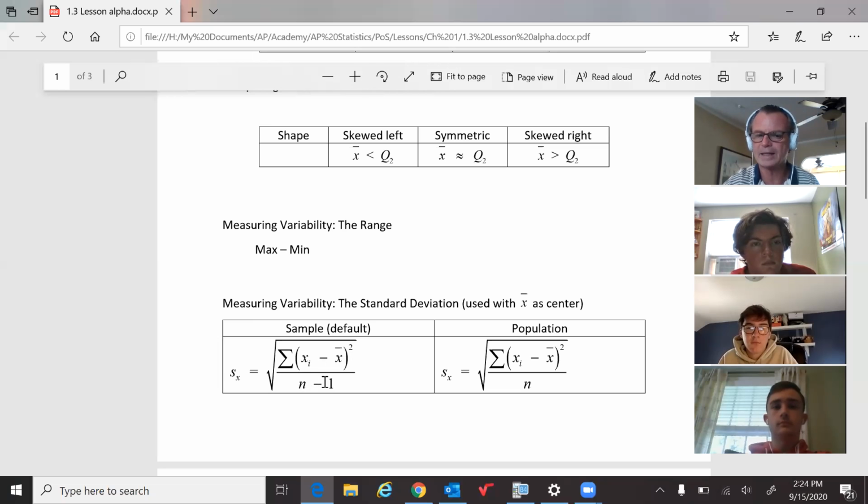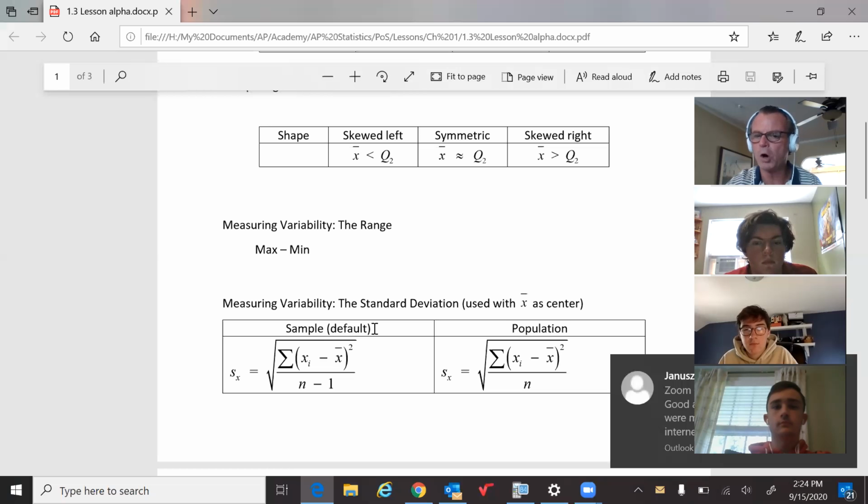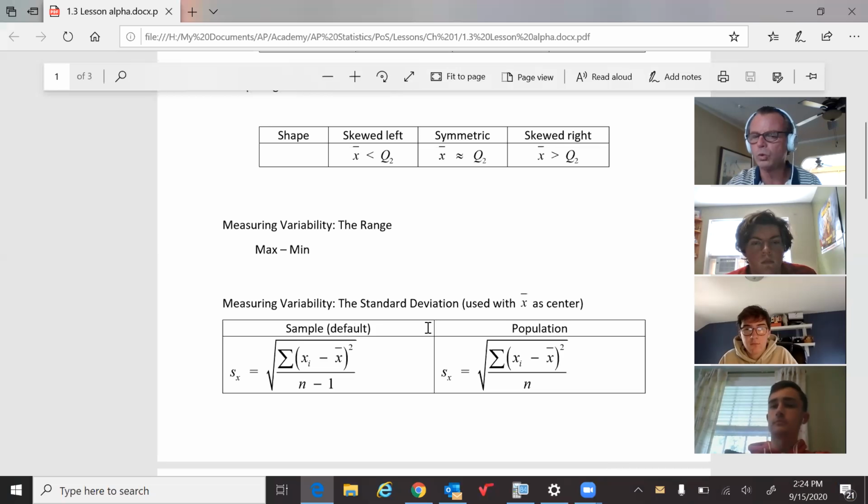But this isn't clear. Why would I divide by n, take away 1? This is for the sample standard deviation. When you don't know which standard deviation to use, use the sample. It's the default. The only time you use the population standard deviation is if you are confident that you have every element of the data set.